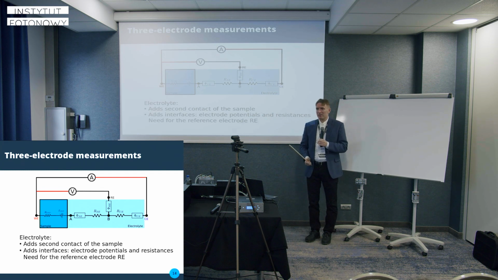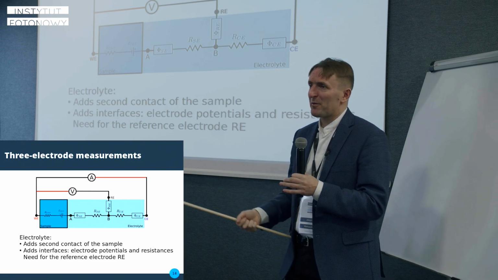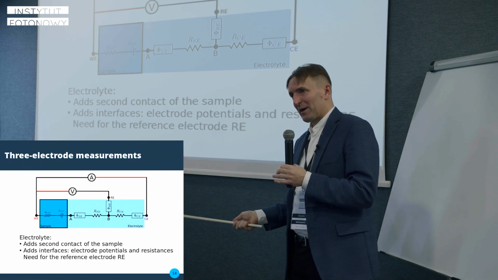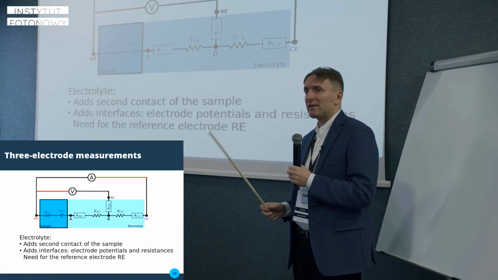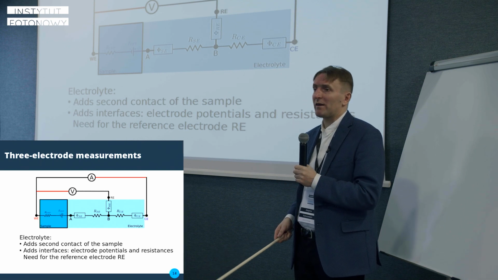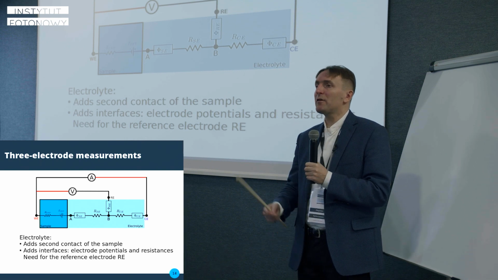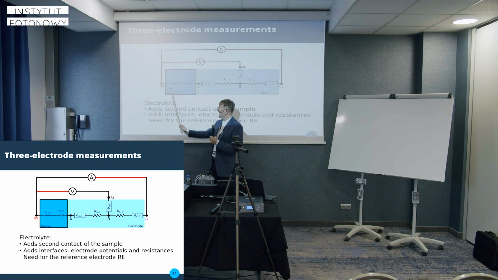But why do we wet our sample in the electrolyte in the first place? Okay, you may ask yourself. Often you prepare samples that have just one contact. You have, like, ITO foil or FTO glass, and you put your sample on that glass, and that glass is just over here.